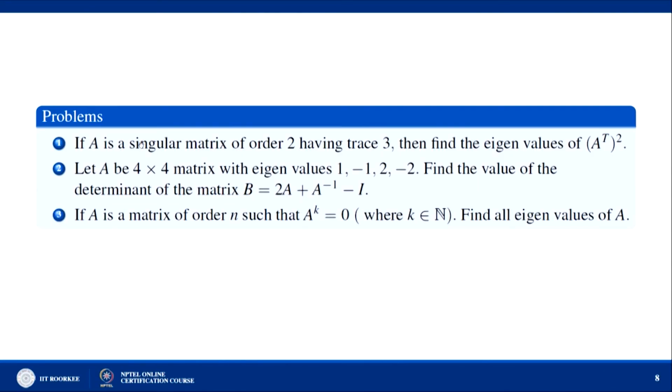You see, A is a singular matrix of order 2 and having trace 3. If it is a singular matrix, it means determinant is equal to 0. Determinant is nothing but the product of eigenvalues. Product of eigenvalues equal to 0 means at least one of the eigenvalues is 0. Now it is of order 2, so it has only 2 eigenvalues, say lambda 1 and lambda 2.